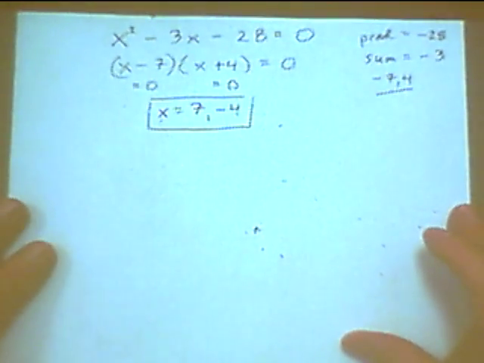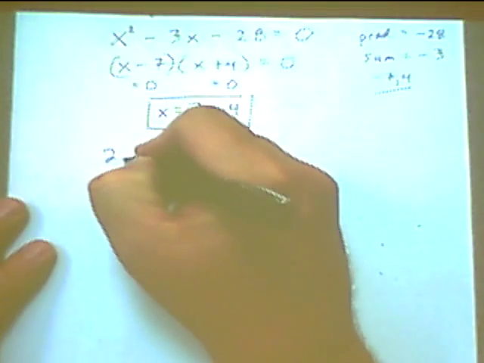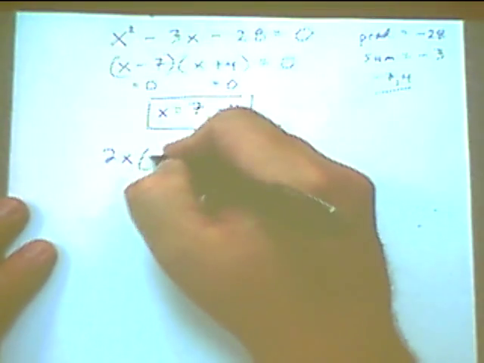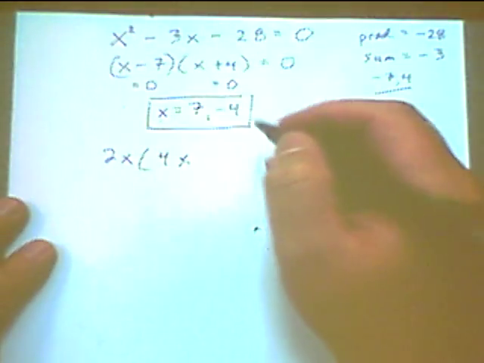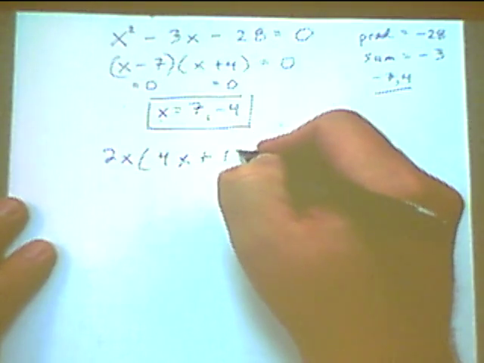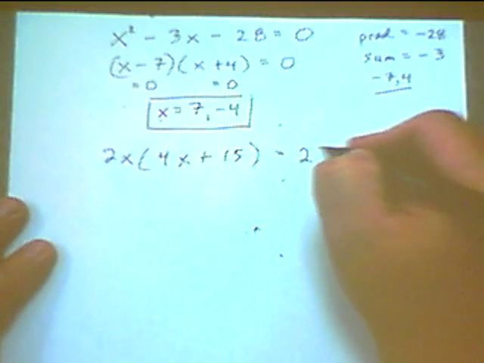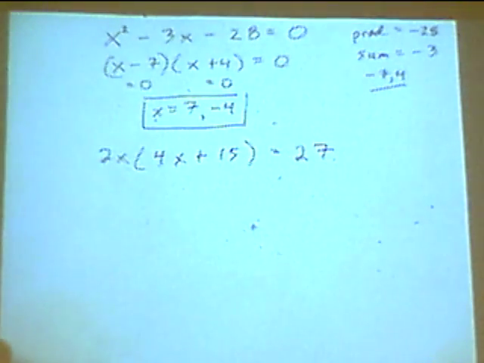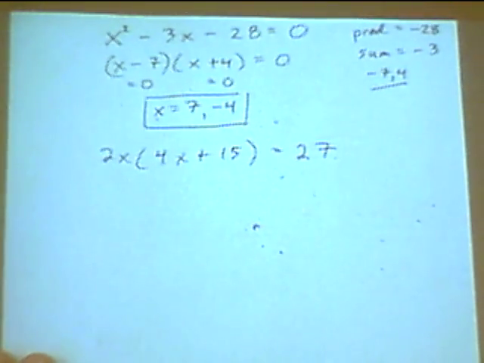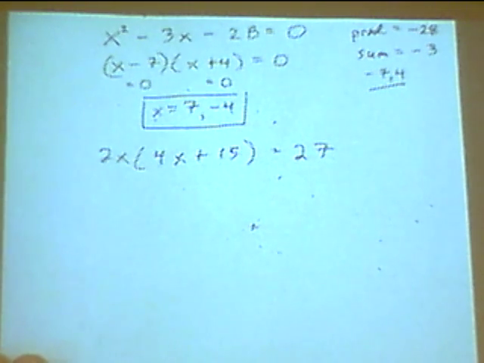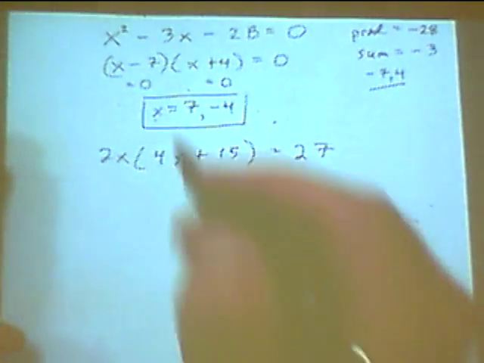Now, the second problem. 2x times 4x plus 15 equals 27. All right. It may not initially look like a quadratic equation, but as soon as I multiply out the parentheses, you can see what happens.